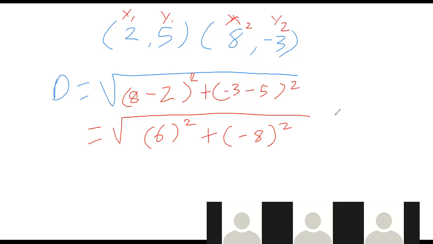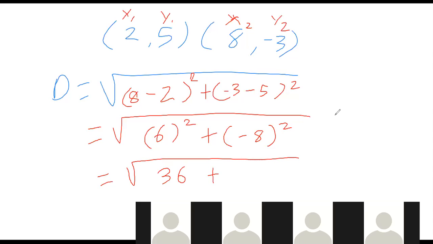All right. So 6 squared, that's 6 times 6 would give us 36. Now remember, with -8 squared, it's inside parentheses. So what does that mean? Ryan. Oh, I gotta go to work. All right, that's fine. We're almost done. That means it's positive, right?